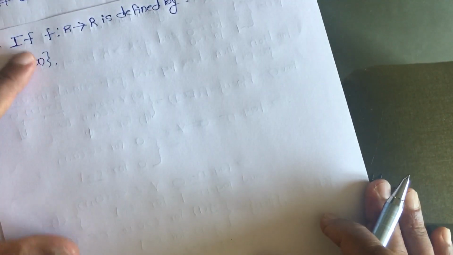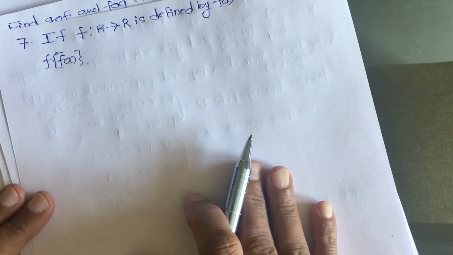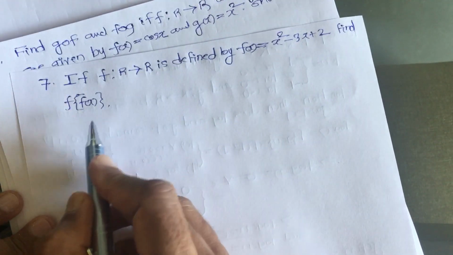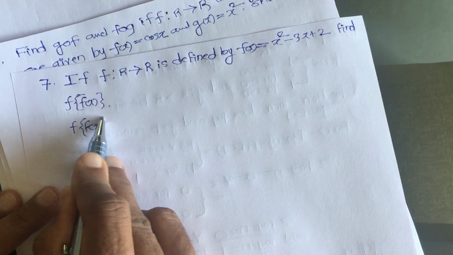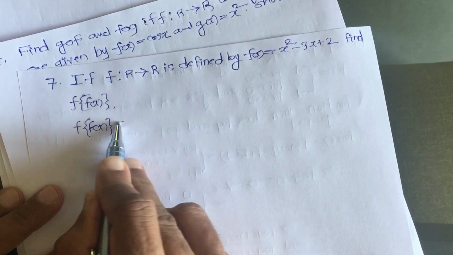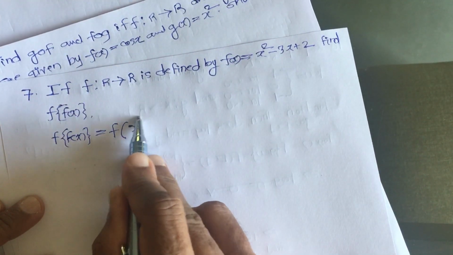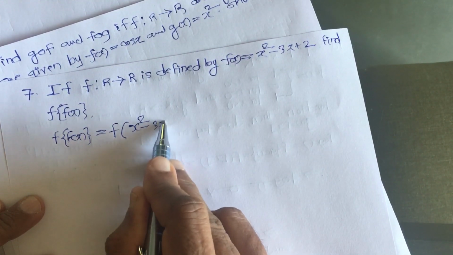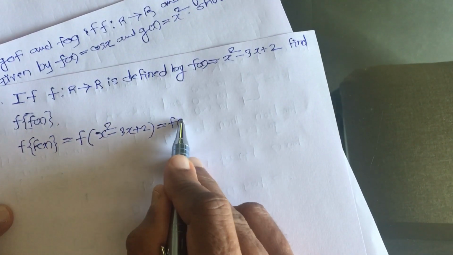Now, the next example which we have left, the 7th one, I had left. Now, I take f of f of x. So, f of x means I put the value x square minus 3x plus 2, and this I can take as f of y.